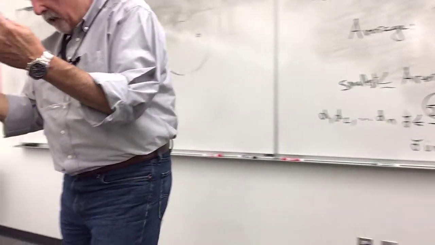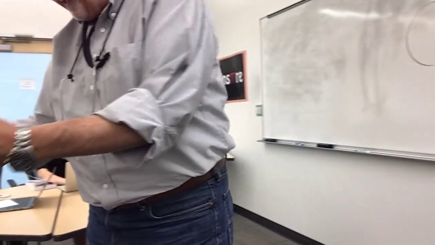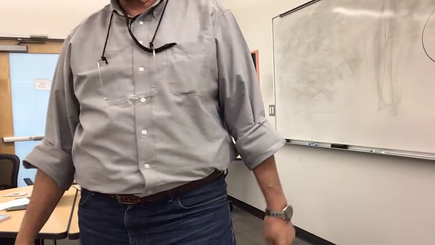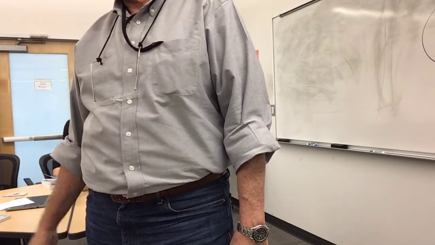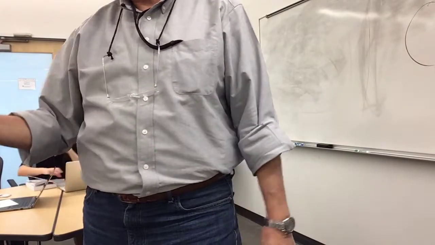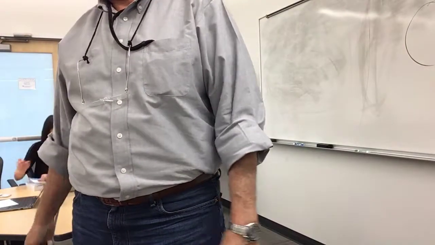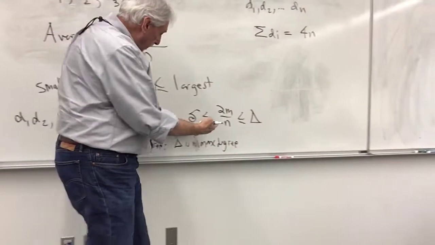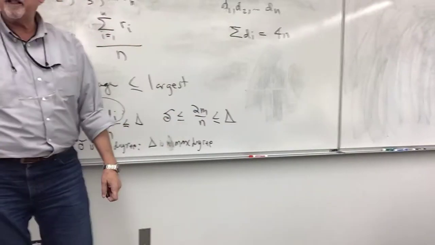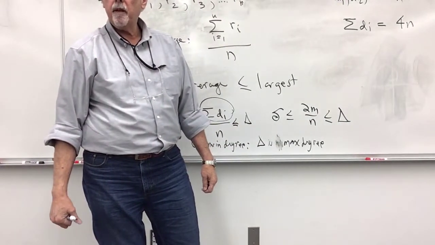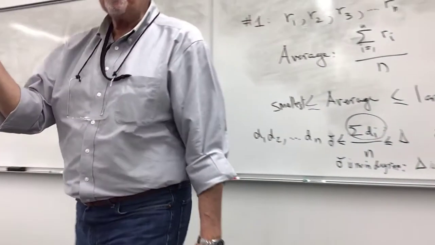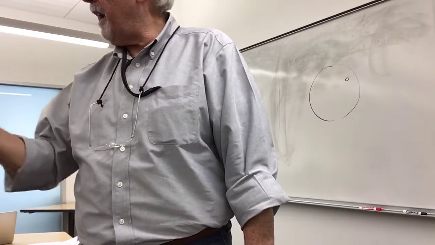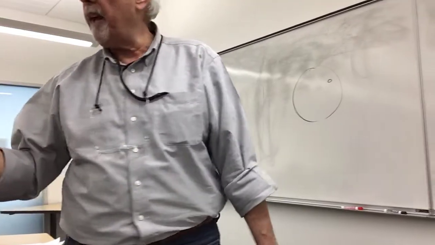So I have the sum of n non-negative integers equal to 4n. Now, we know that the minimum degree lies below the average and the maximum degree lies above it. So if the maximum degree in this graph is 4, that would mean I would be adding how many 4s to get 4n?